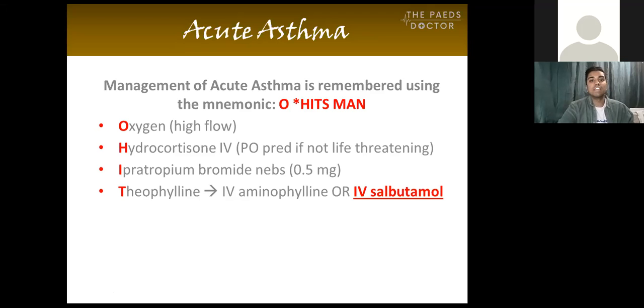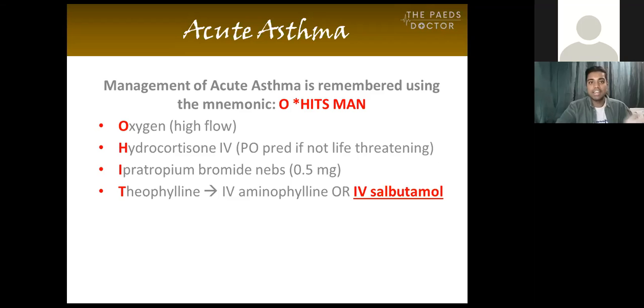T is for theophylline. Theophylline used to be used more, but now in A&Es we use IV salbutamol because it works quicker. I think some of you know your pharmacology: theophylline has a narrow therapeutic index, whereas salbutamol doesn't have that, and it works directly. So we avoid giving theophylline and we give IV salbutamol now.